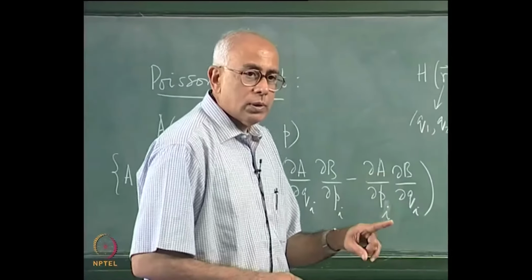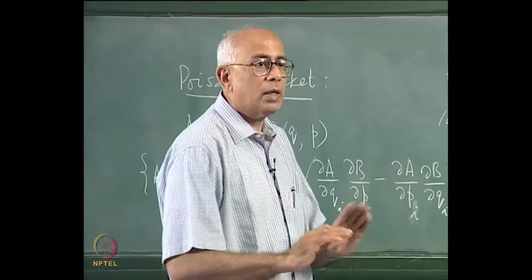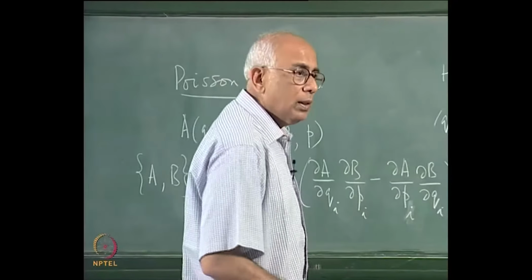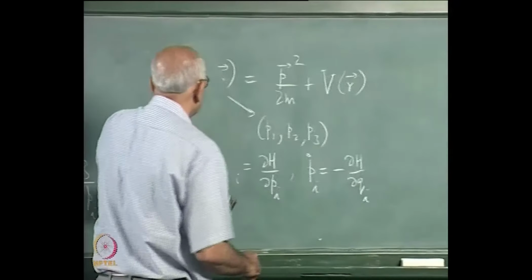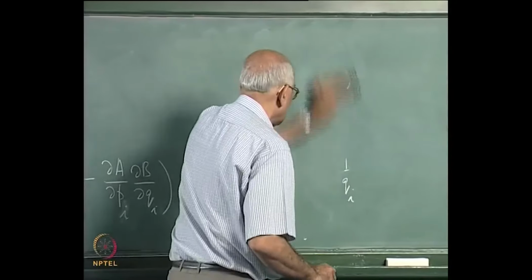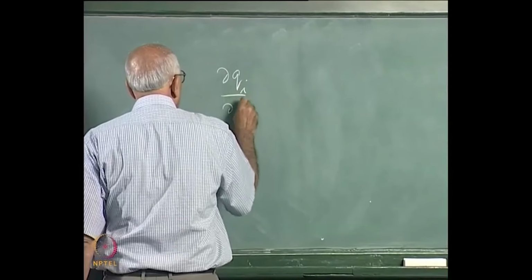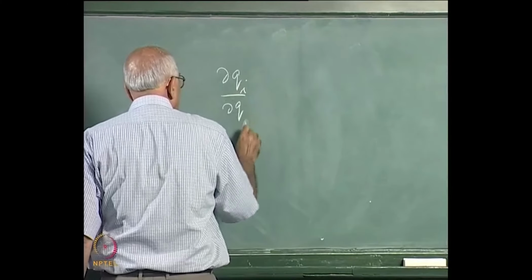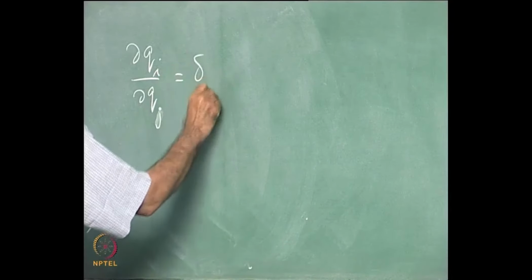By assumption the q's are independent of each other and the p's are independent of each other. If these are independent dynamical variables, it follows that delta qi over delta qj is 0 unless i equals j, in which case it is equal to 1. Therefore, this is equal to the Kronecker delta.